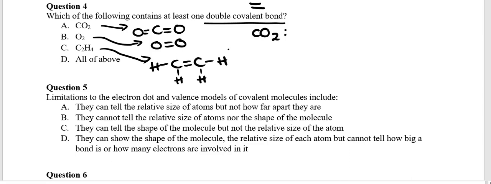Hopefully at this stage you have seen these molecules enough times that you know automatically what type of covalent bonds should be between the atoms. But anyway, if you think about CO2, carbon has 6 electrons.